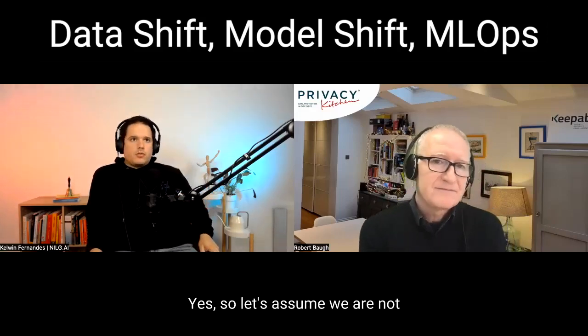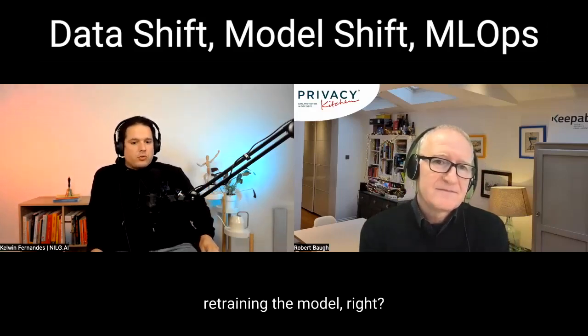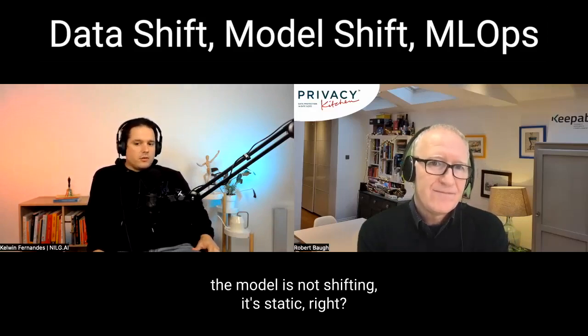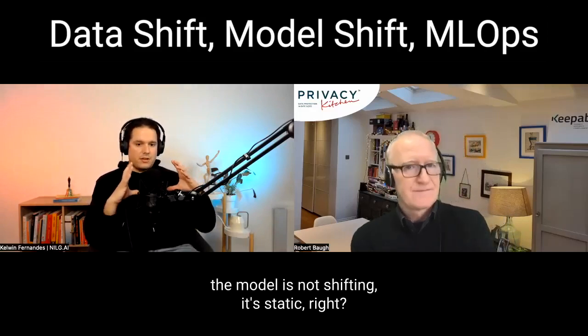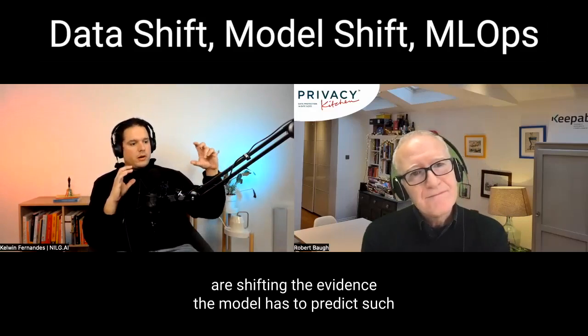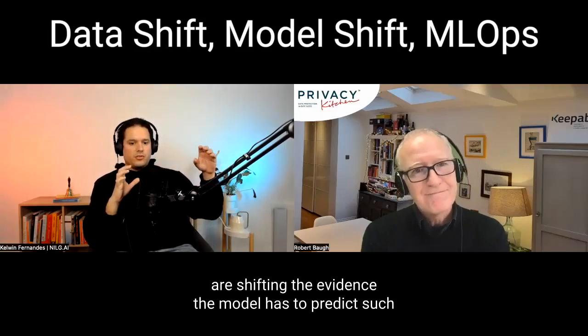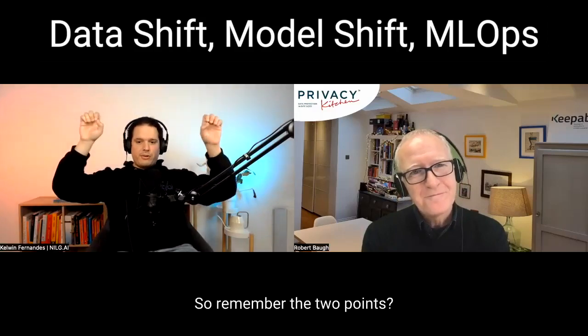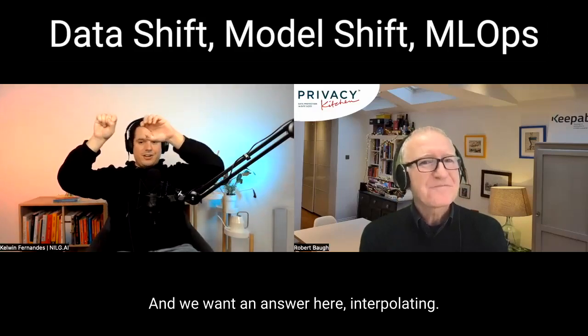Yes. So let's assume we are not retraining the model. If we are not retraining, the model is not shifting, it's static. What happens with LLMs is that we are shifting the evidence the model has to predict from, such that we put it in a different area. Remember the two points, and we want an answer here, interpolating.